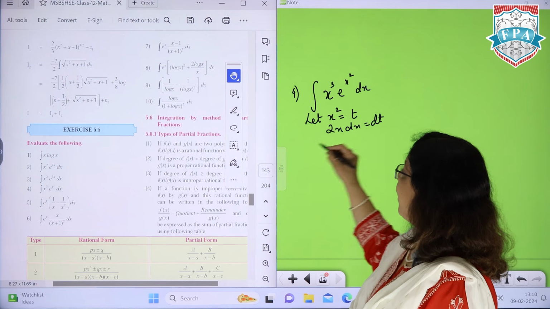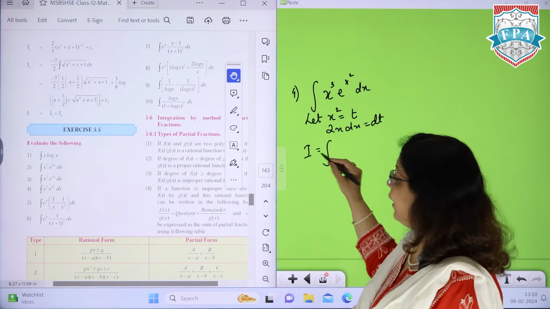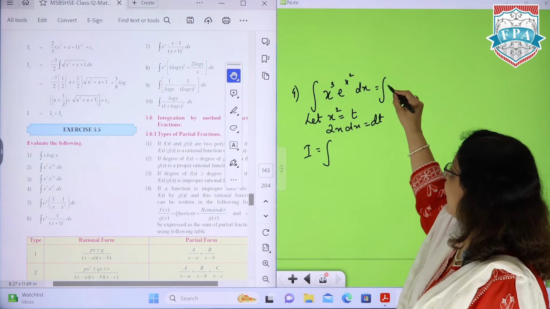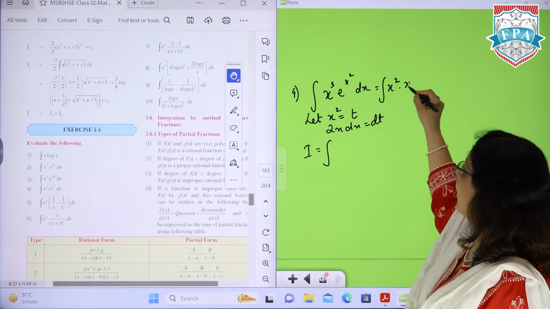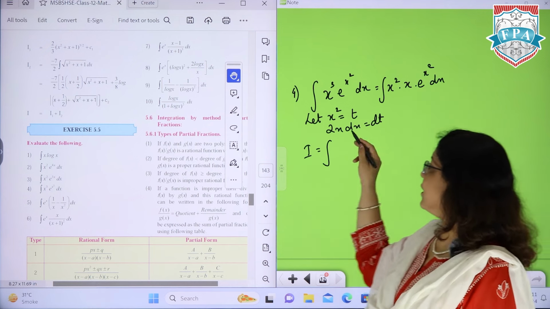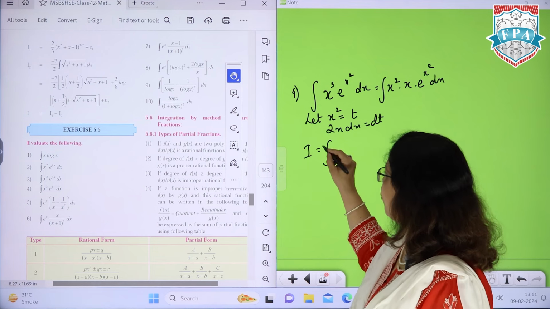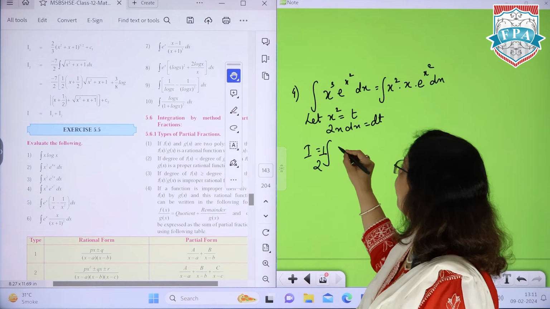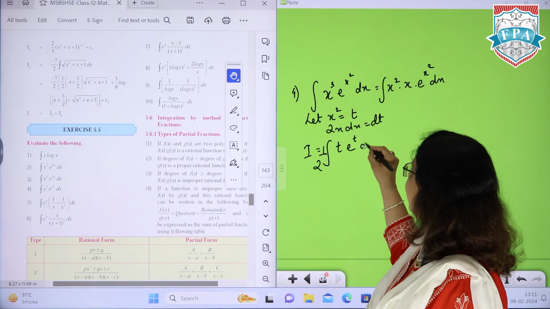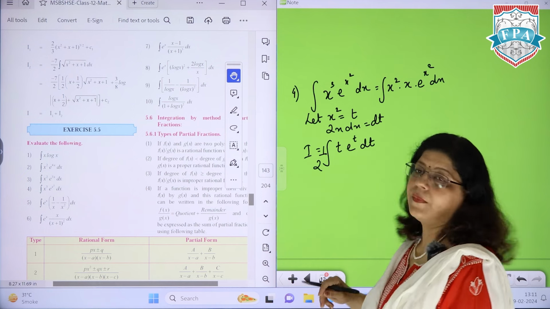Now the question becomes integral x cube can be written as x square into x into e to the power x square dx. So x dx will be your dt by 2. So 1 upon 2 t e to the power of t dt.